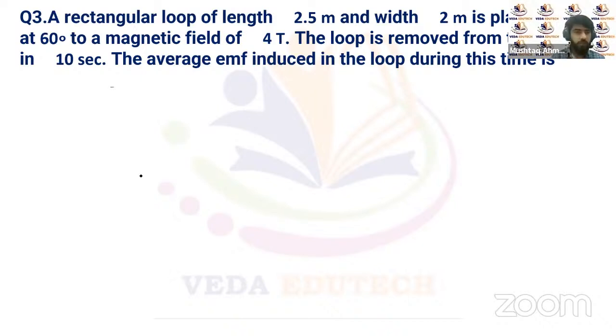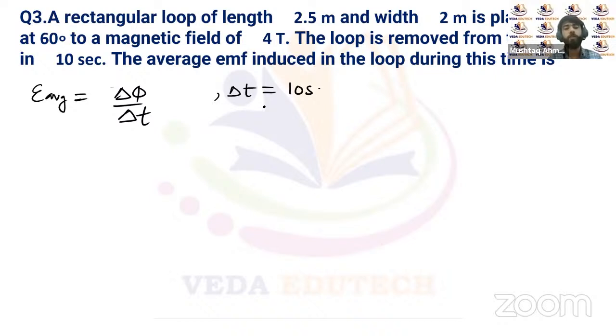So the average EMF will be equal to the change in flux upon the time delta t. Delta t has been given here as 10 seconds. Now we have to find the change in the magnetic flux.